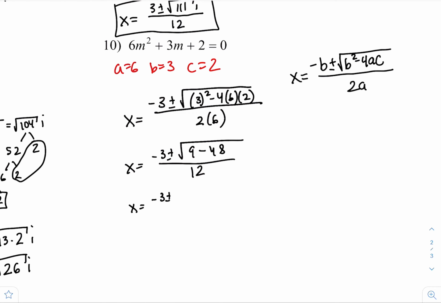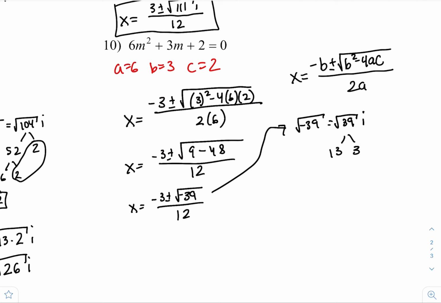So x is equal to negative 3 plus or minus square root of negative 39, all over 12. Now we gotta simplify that square root. So square root of negative 39 is square root of positive 39 and i on the outside. Factors are 13 and 3, but there's no leftovers here, so that means you just have square root of 39i.